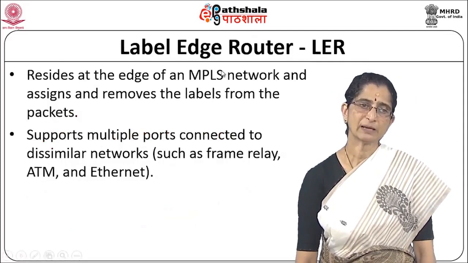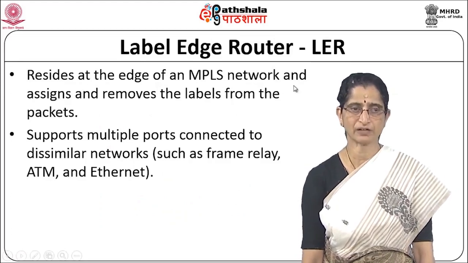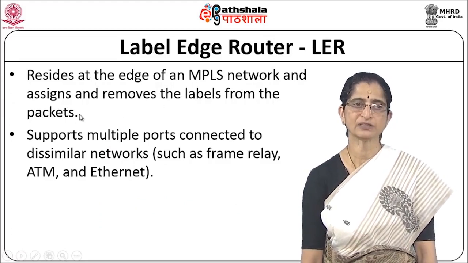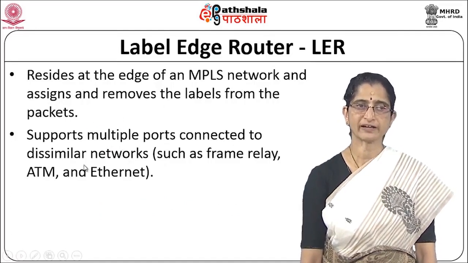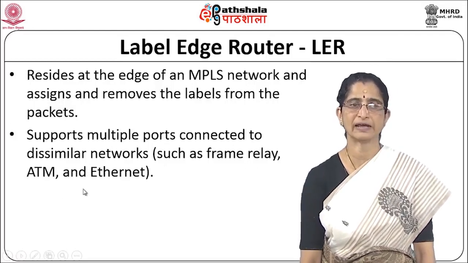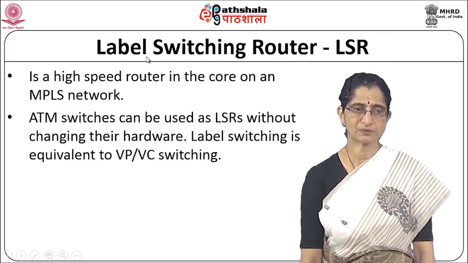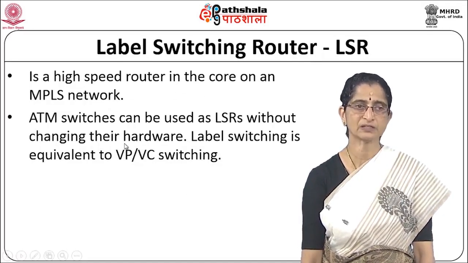The label edge router that we talked about is the one which resides at the edge of an MPLS network and is responsible for assigning and removing the labels from the packets. It also supports multiple ports connected to dissimilar networks, for instance frame relay, ATM, Ethernet and so on. And the LSR, the label switching router, as we said, is a high speed router in the core of an MPLS network.